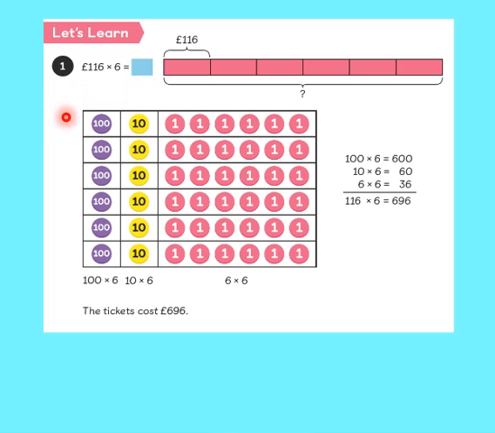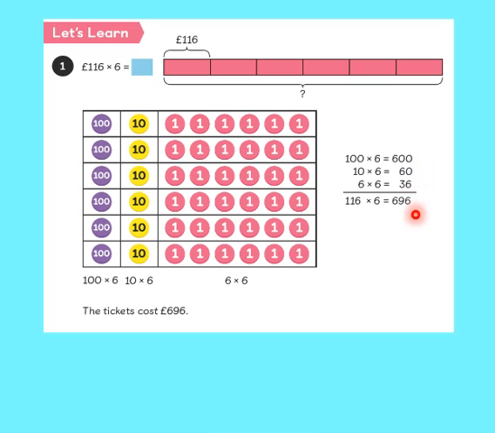Now here we can see that in place value counters. We've got our 100, our 10 and our 6 ones that make up 116. And we can see that we need to multiply that 6 times. So we can break it down into our hundreds, tens and ones and go that 100 times 6 is 600, 10 times 6 is 60, and 6 times 6 is 36.